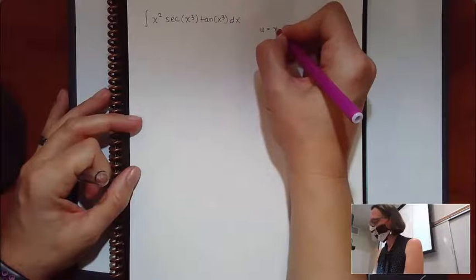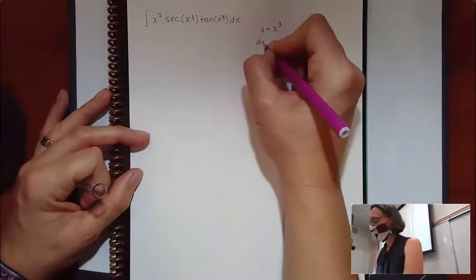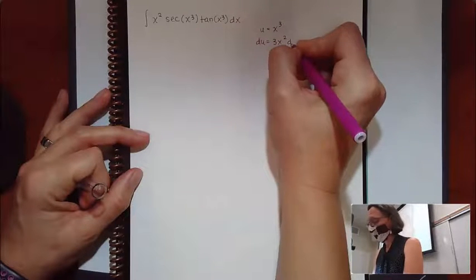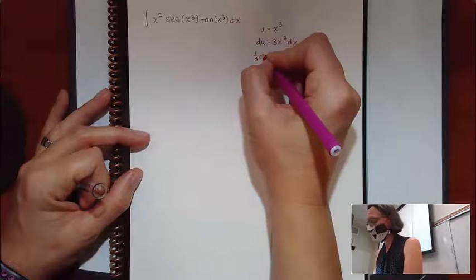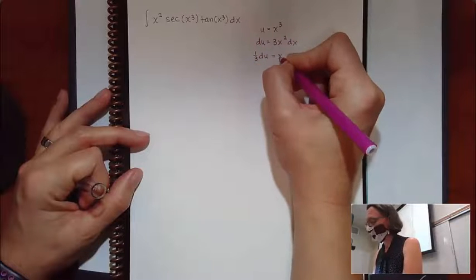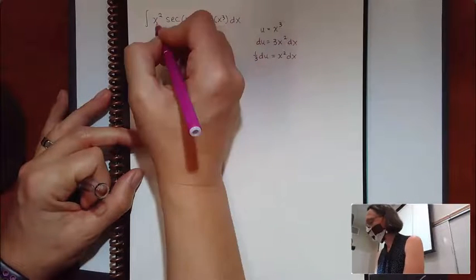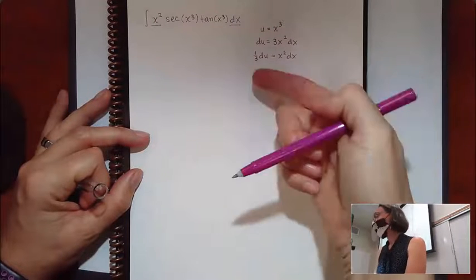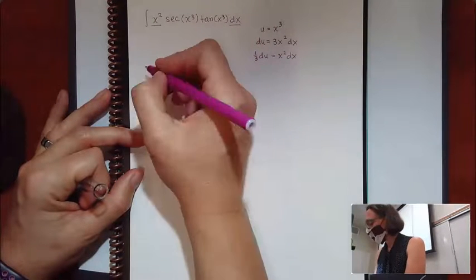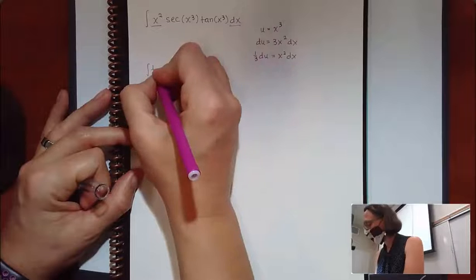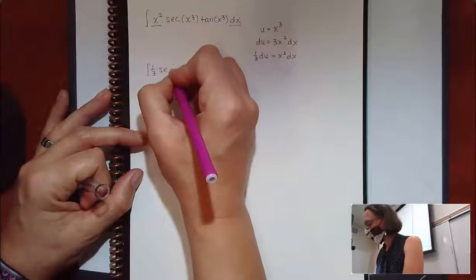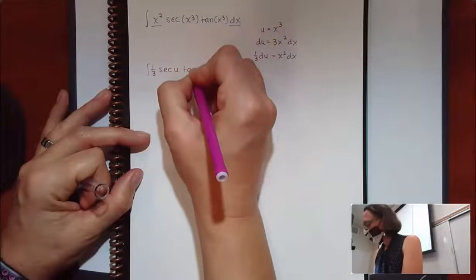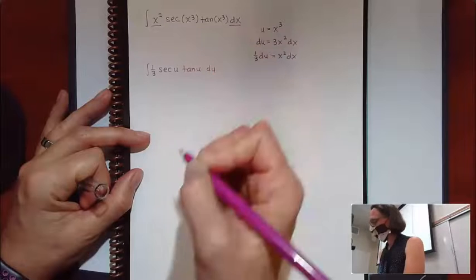And if I let u be equal to x cubed, then du will be 3x squared dx, which makes 1/3 du x squared dx, which I have. I have the x squared and I've got the dx. When I use my vocabulary list to make my translation, I've got 1/3 secant u tangent u du.